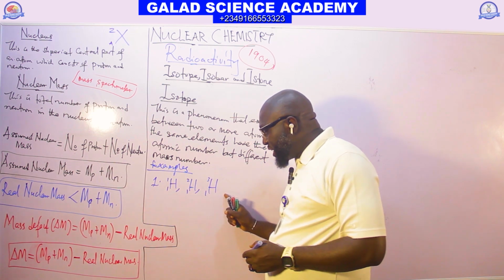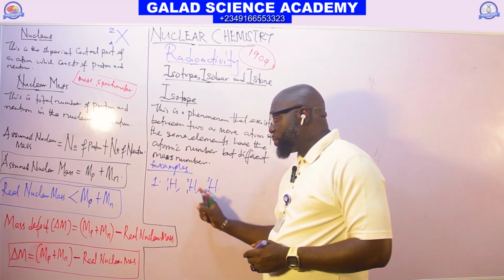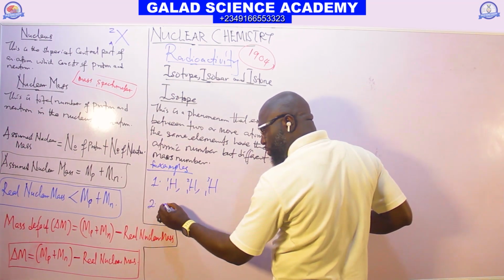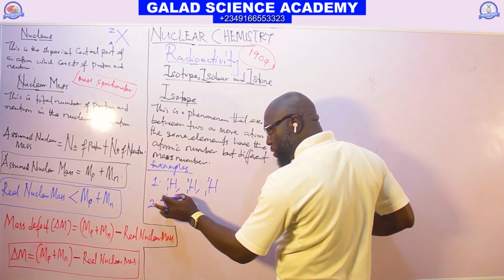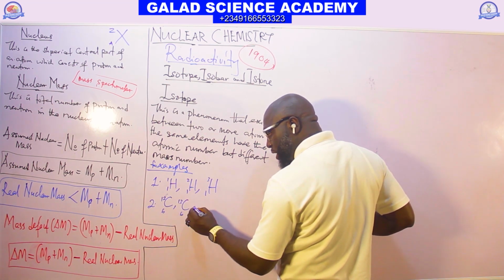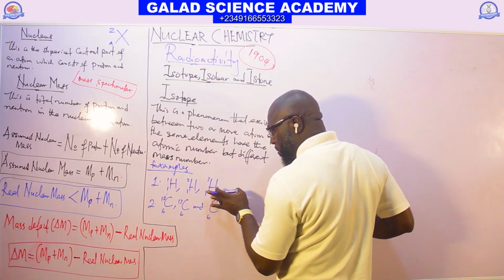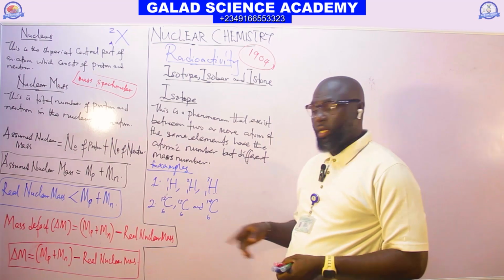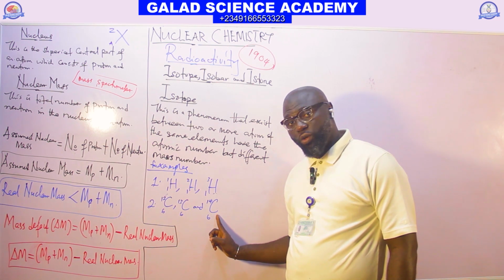So the phenomenon between these three elements is called isotope. They have the same atomic number but different mass number. We can also have it in carbon 6 12, carbon 6 13, and carbon 6 14.